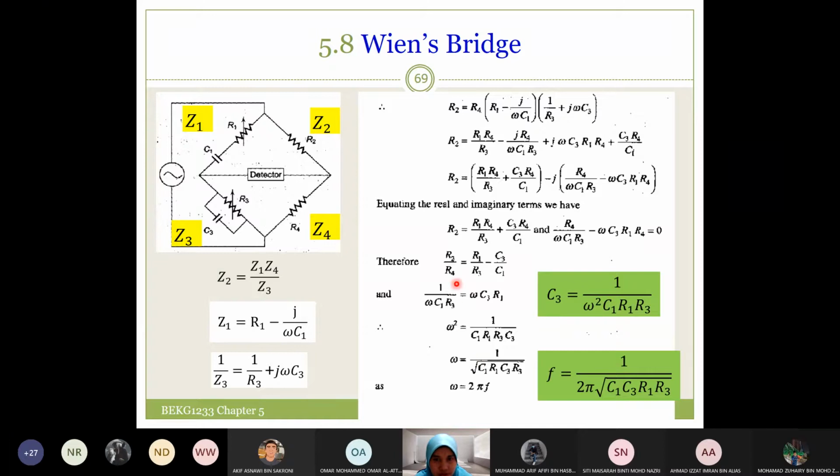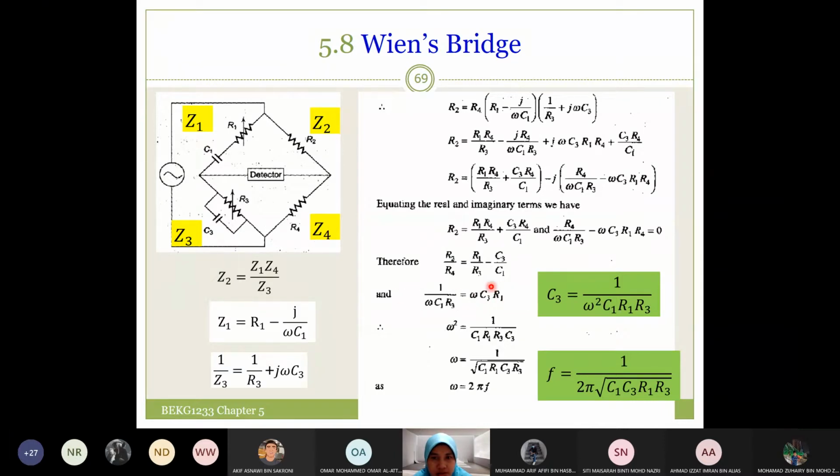omega R2 over R4 is equal to, we put R4 here, and then omega C3.